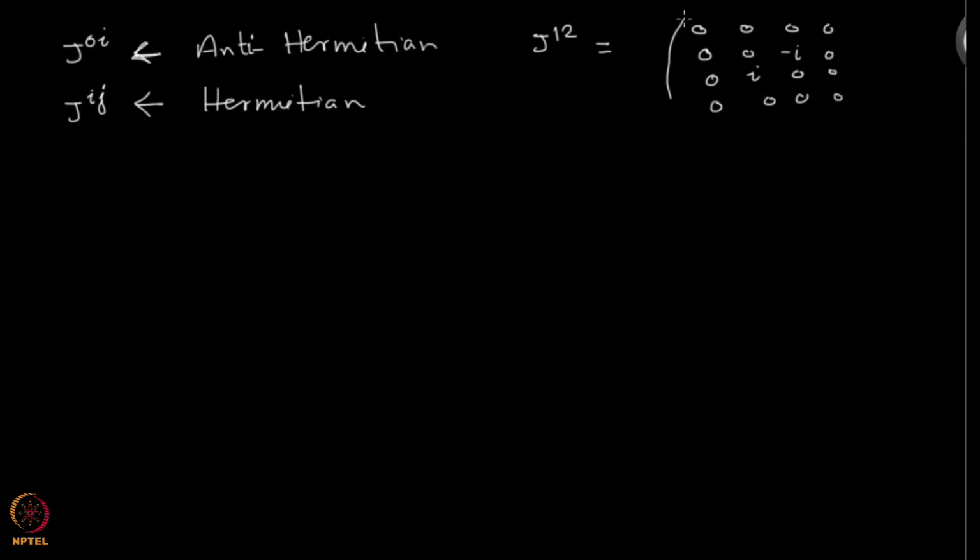That is our generator j 12. And so, clearly this is Hermitian. If you take a transpose and complex conjugation, you get back the same thing.